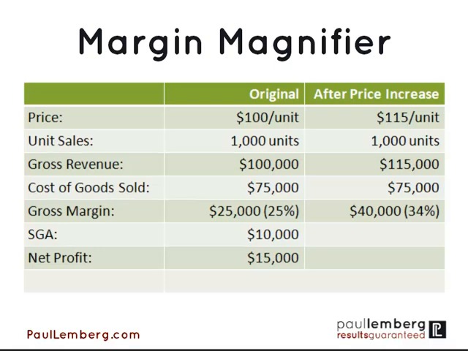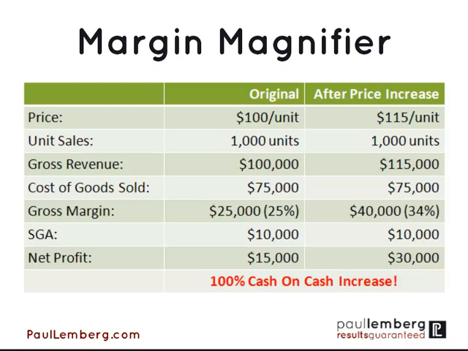But since you don't have to pay the employees any more than you did before, your rent stays the same, your electricity is the same, your shipping costs are the same, everything's the same, your overhead, your SG&A, remains the same at $10,000. So now your profit is not $15,000 but $30,000, which is a 100% cash-on-cash increase.